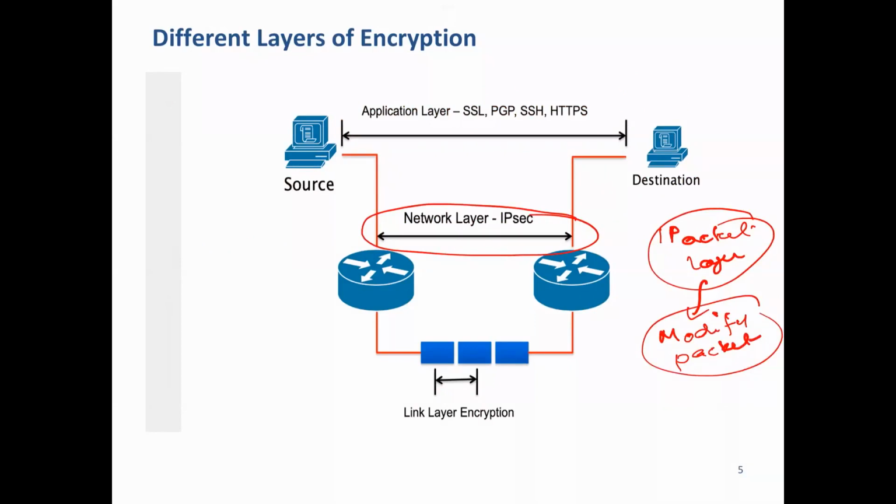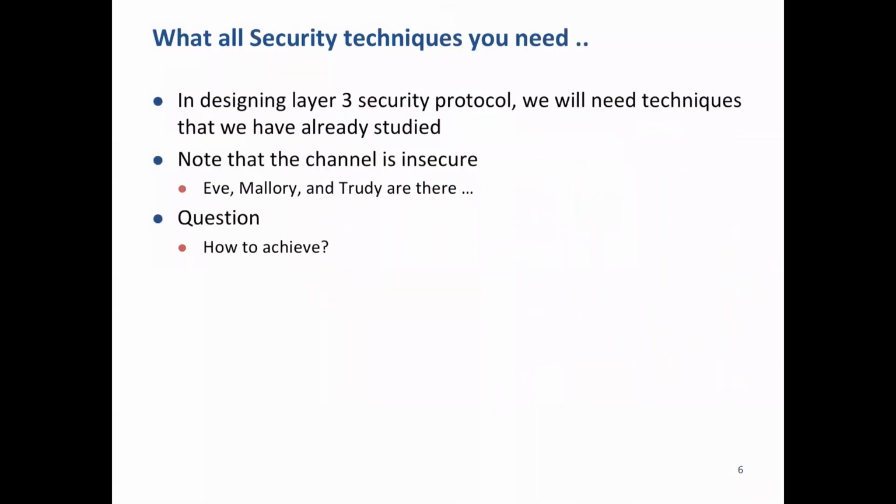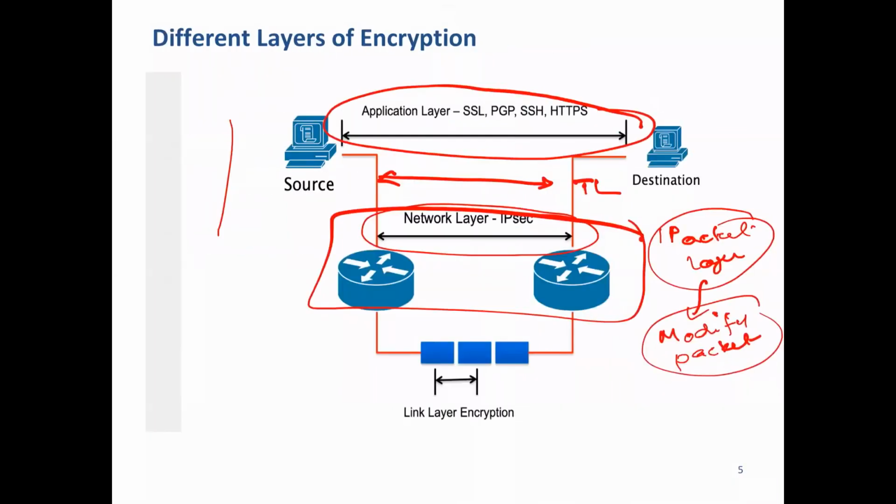Then we can apply all these security techniques that we studied at a higher layer, the application layer, or even at the transport layer, which is not shown here. Today we'll do it at the IP layer. If you do it at the IP layer, everything above is secure then, because security is coming at the main layer, which is the IP layer.